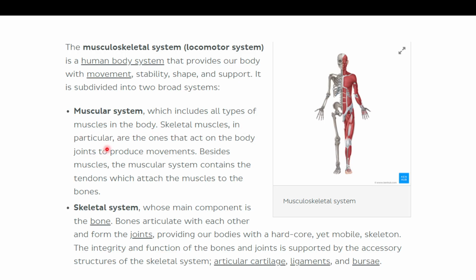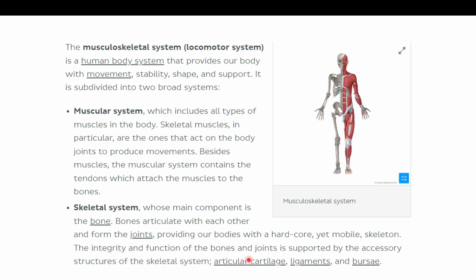Skeletal muscles, in particular, are the ones that act on the joints to produce movements. Besides muscles, the muscular system contains tendons which attach muscles to the bones. And then there's the skeletal system. The main component is the bone, which articulates with each other to form different kinds of joints, providing our bodies with a hardcore yet mobile skeleton.